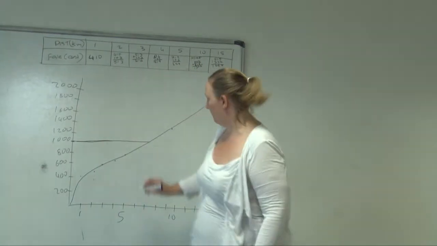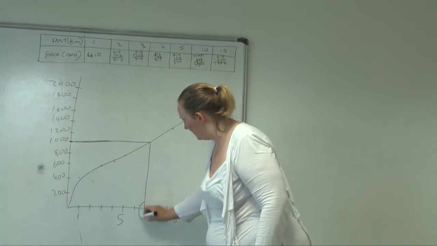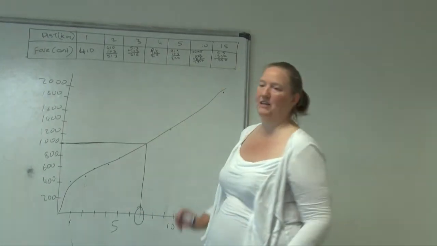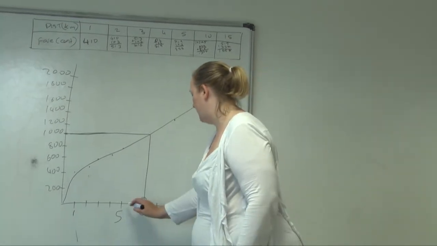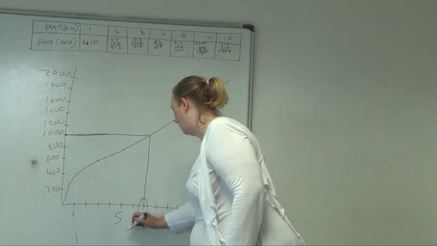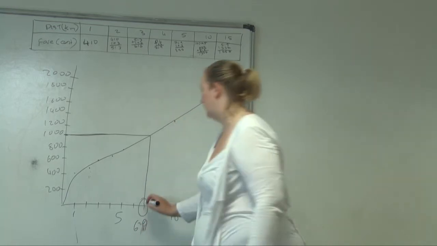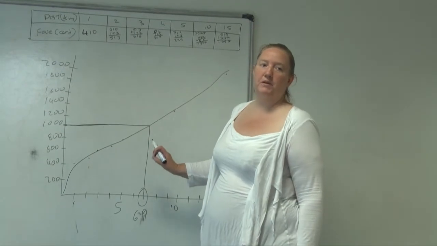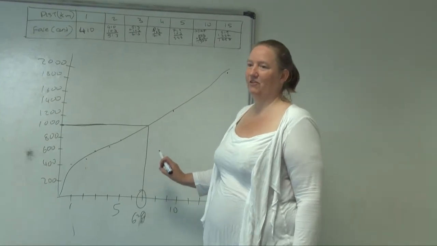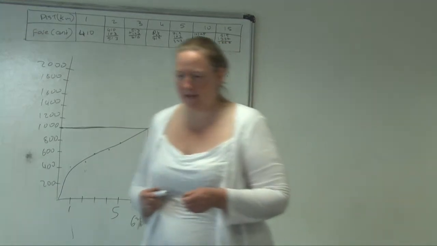And wherever you meet the graph, draw a line straight down. Wherever you land, that's your answer. In my extremely badly drawn graph, so this is the wrong answer, she would be able to travel 6.9 miles. You will be more accurate because you'll do it carefully, not roughly like I'm doing. Okay? So that's that bit.